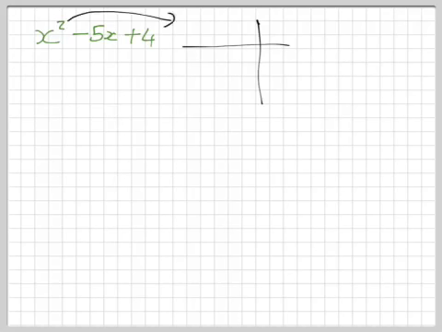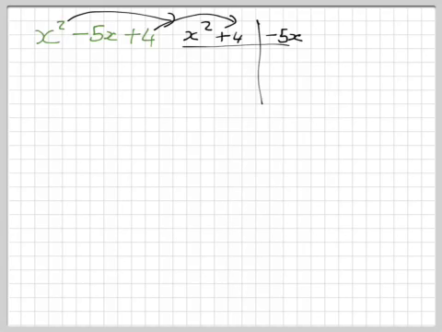So let's have a look at trying to factorize x squared minus 5x plus 4. Let's try and factorize that. So I'm going to draw up my table, and I'm going to write my x squared first, my plus 4 second, and then lastly I'm going to write my -5x.